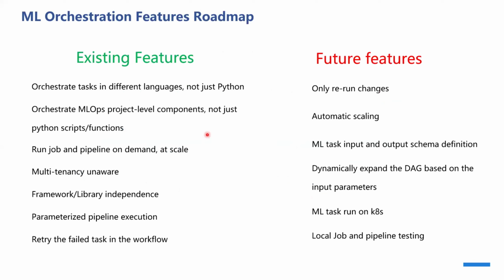So about the existing features, we support different languages. You can put not only Python, you can put Shell, Java, and even some Scala. And also we are at the project level. We support multi-tenancy, and we can run the job and the pipeline on demand and scale. And also the framework libraries are independent.